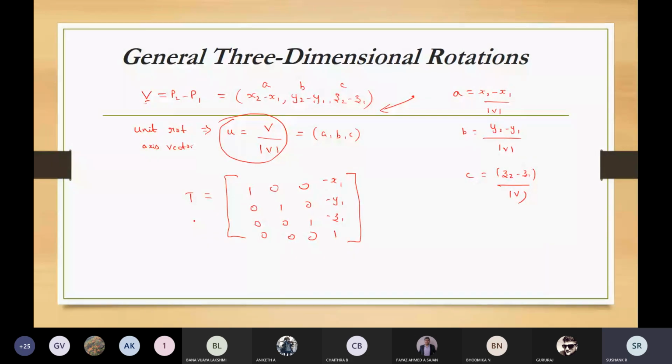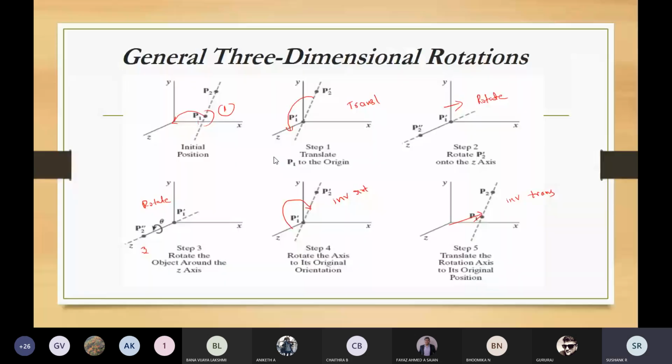The next step which we did was, see, the first step was the translation, which we found by the translation matrix. The second step was the rotation.